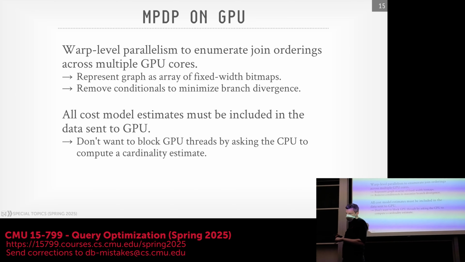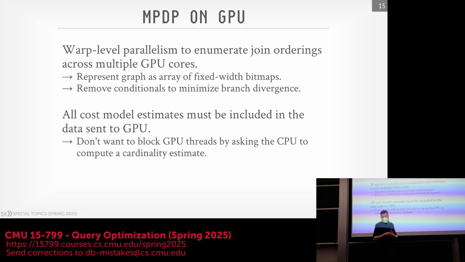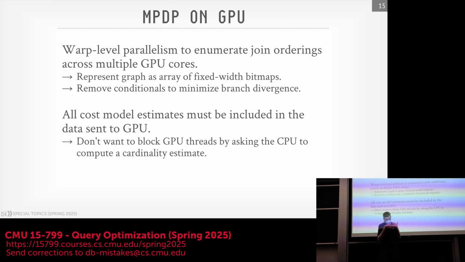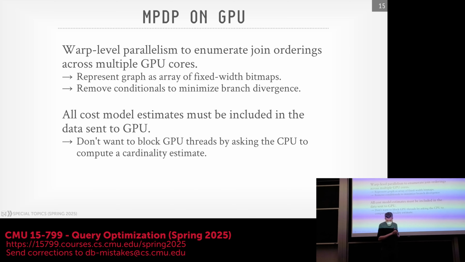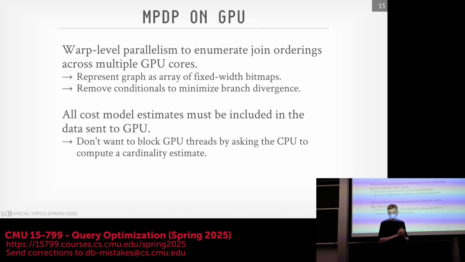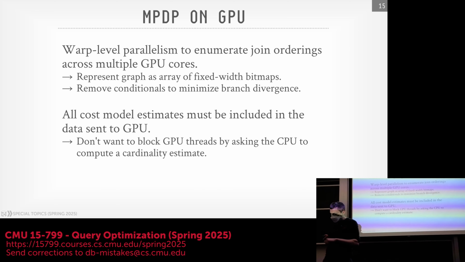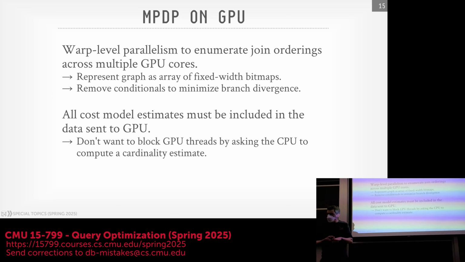I didn't find anything yet. So GPUs are great. They're really good at doing parallel computations, which is what they're trying to do here. But you have to have everything be local on the GPU, because as soon as you go talk to somebody else, you're blocking it, and then you're screwed. Is that clear?